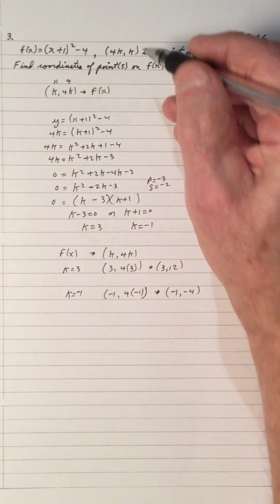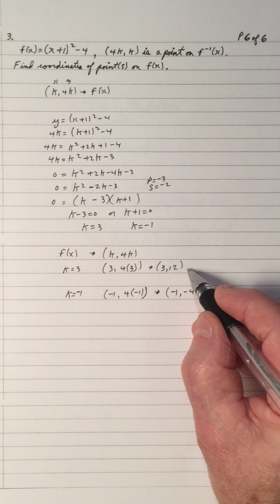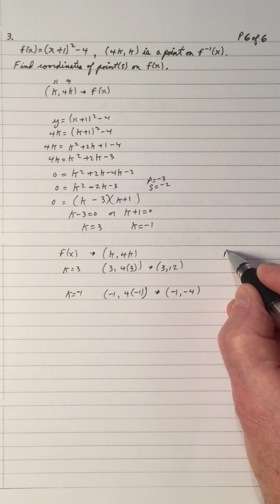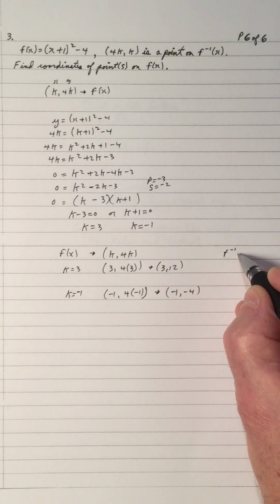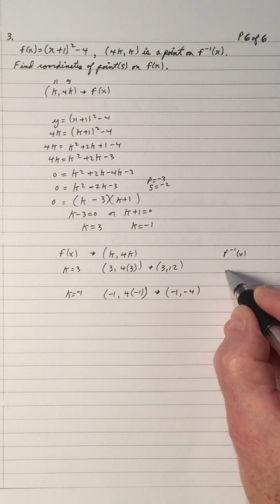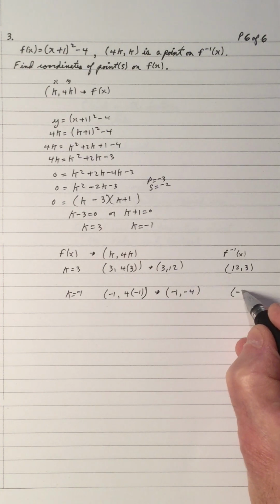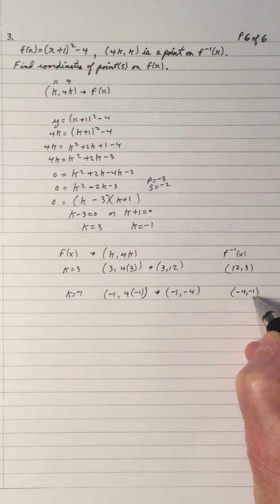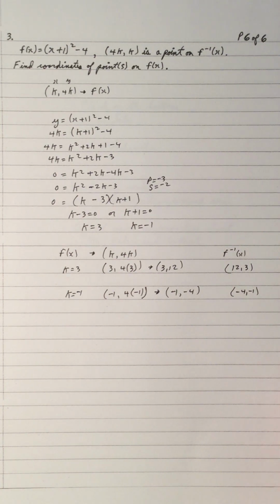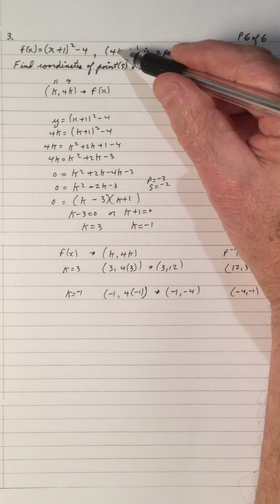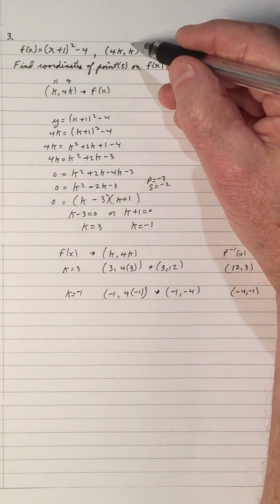So if we take these ordered pairs and reverse them, so if you took f to the -1, then the points would be 12 and 3 and -4 and -1. So this is the points when you flip them.